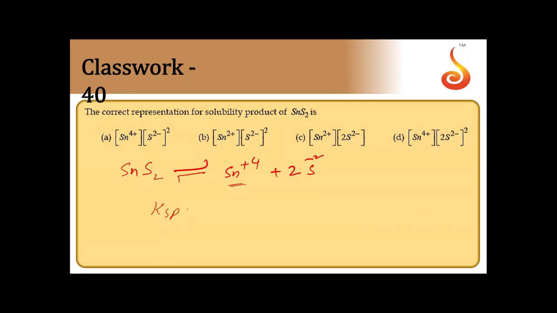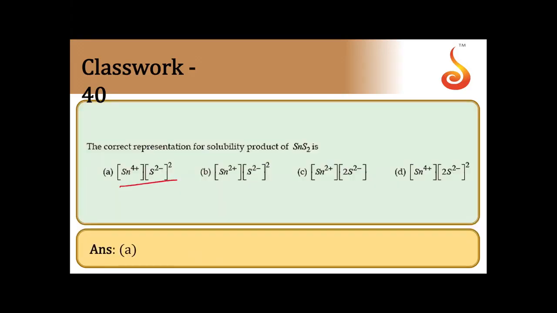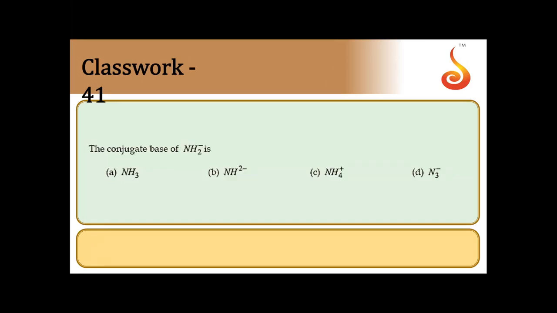Therefore, the Ksp will be equal to the product of ionic concentrations raised to their respective coefficients. So it will be [Sn4+][S2-] whole squared. So the answer is option A. The salt is ionizing as Sn4+ and 2S2-, so answer is A.